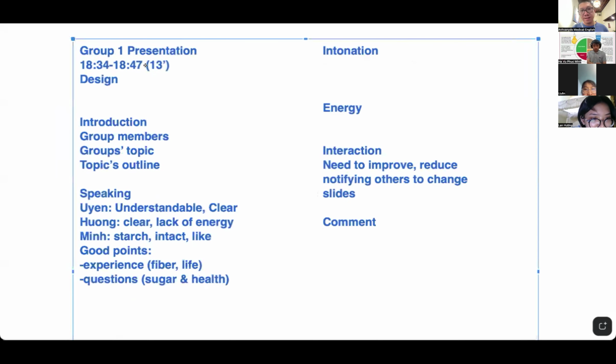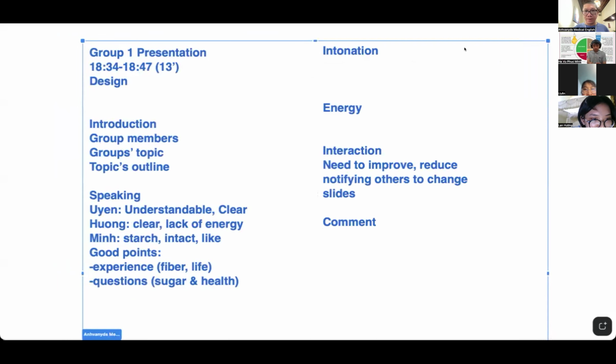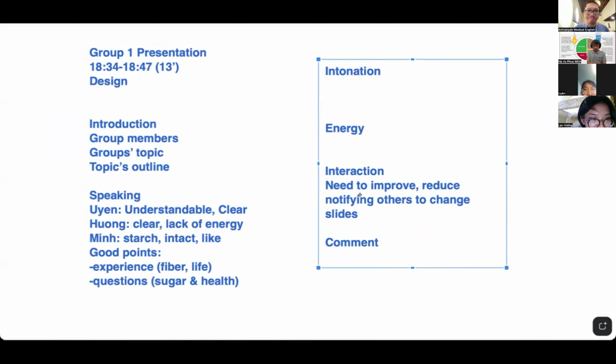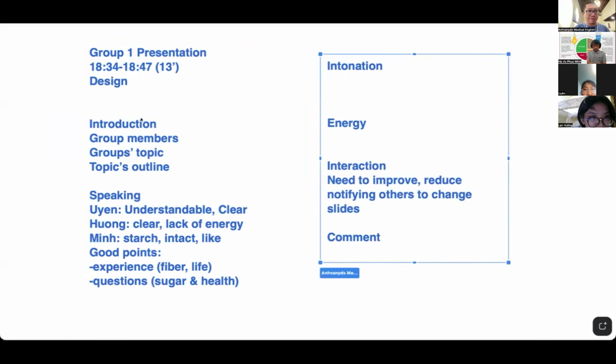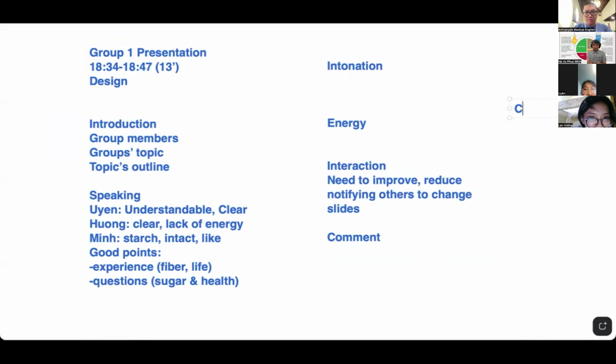As I said, when we're talking about how to present a topic properly and effectively, we have some criteria. Do you know the word criteria? Good.